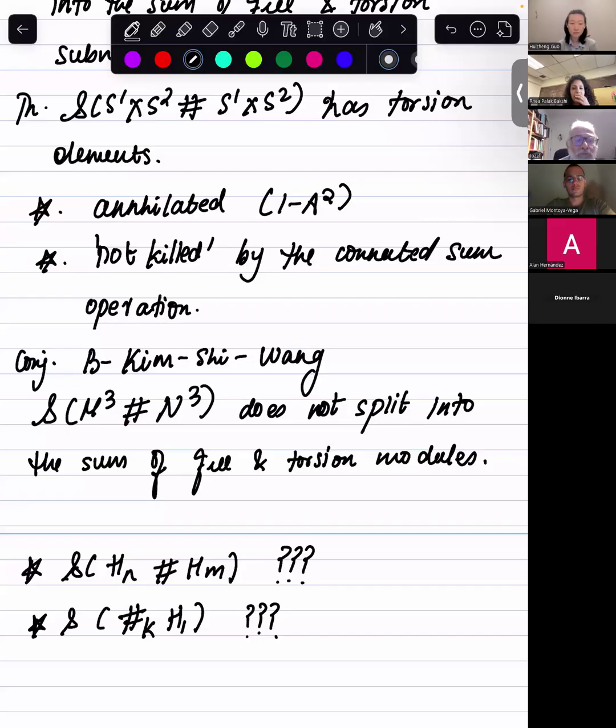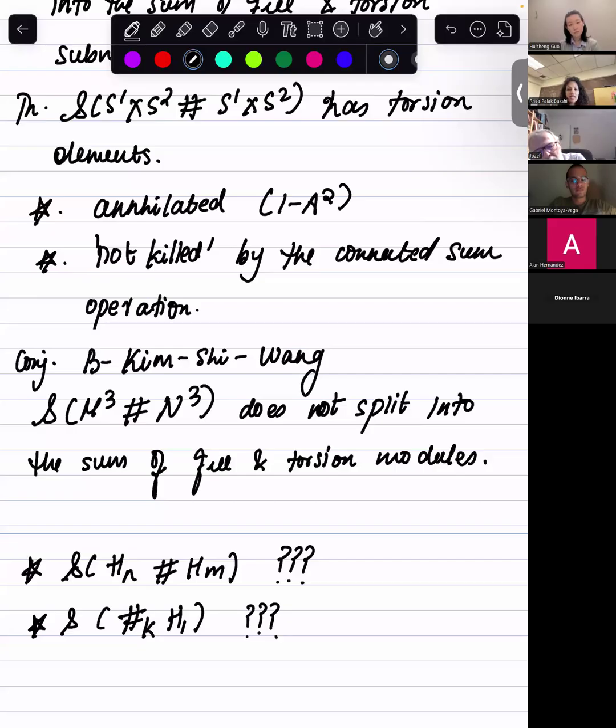So what Raphael Zentner, Steven Sivek, and their co-author Sudipta Ghosh showed is that the Kauffman bracket Skein module of a non-prime 3-manifold has non-trivial torsion when 2 of the prime summands are different from RP3. So basically, when you're not working with RP3, then the connected sum will have torsion, but we don't know whether it still splits into the sum of free and torsion modules.